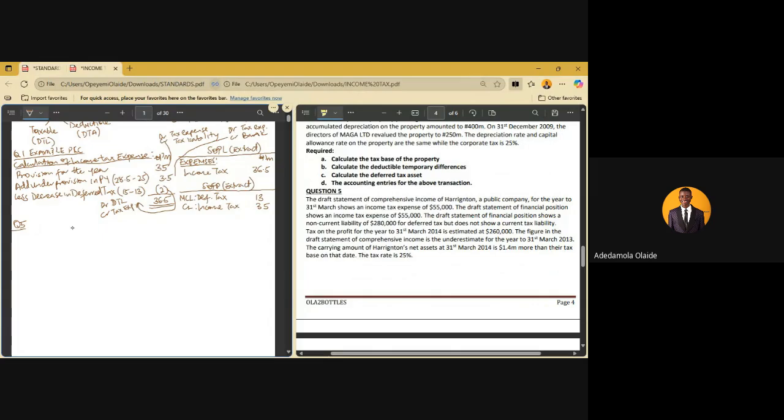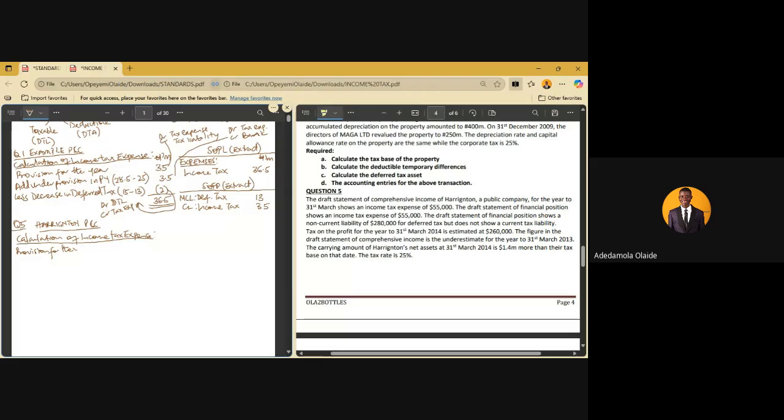So we'll say Arlington PLC, since it's a public company. Calculation of income tax expense. What do we have? We have provision for the year. What do they call provision for the year?